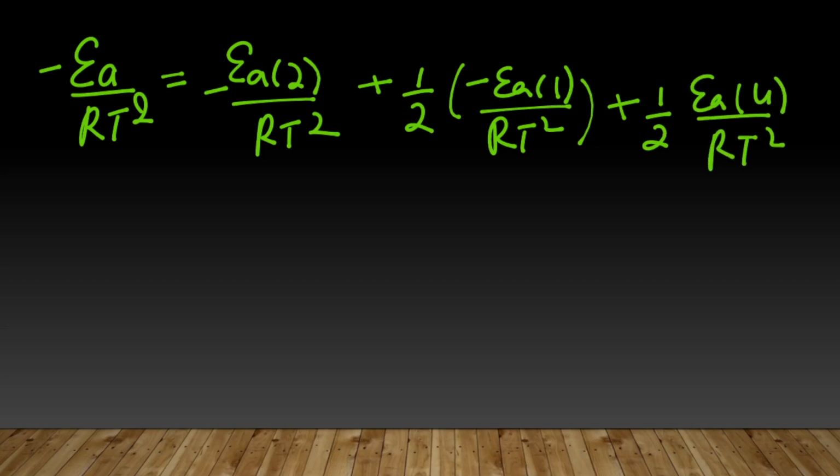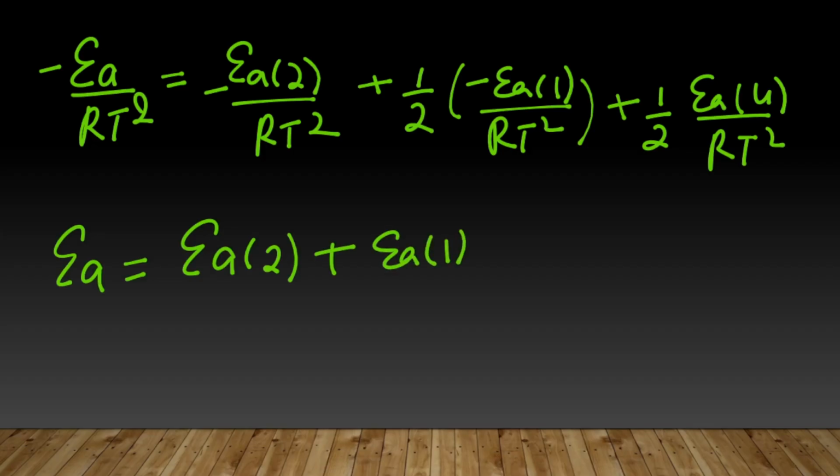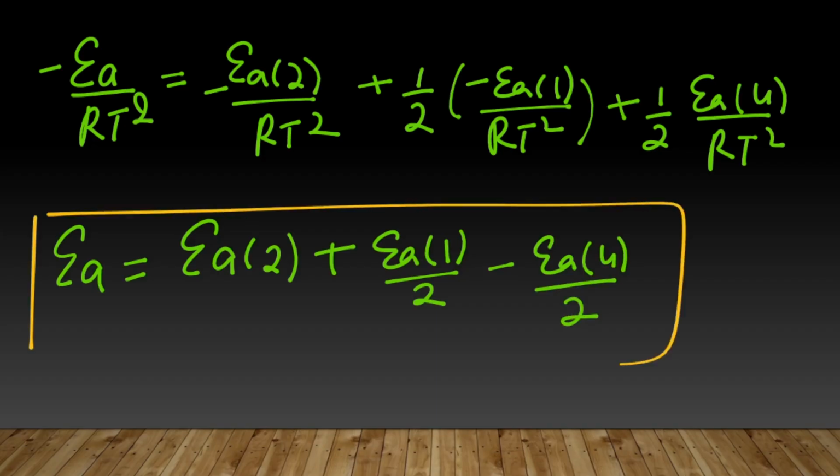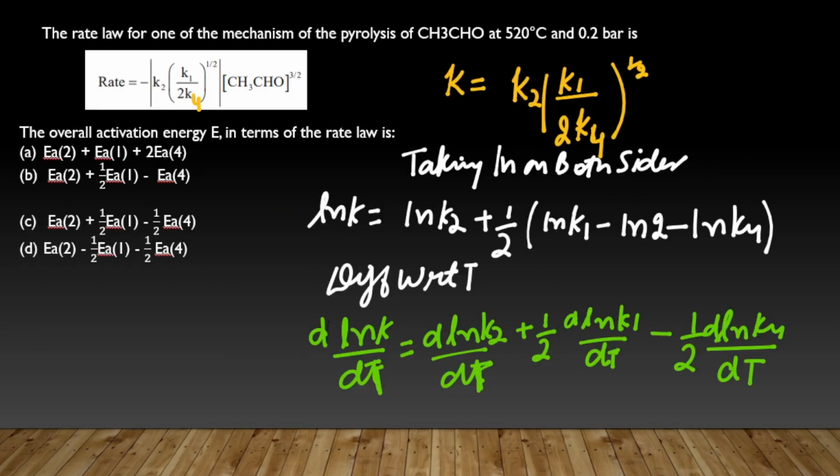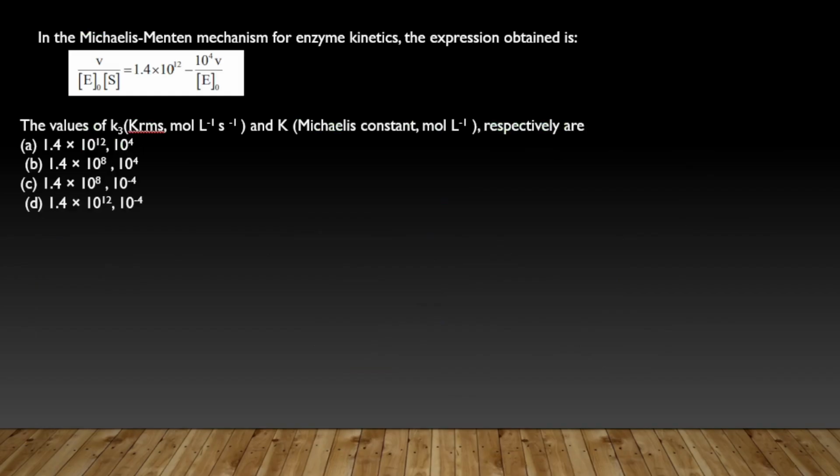Right, taking the negative from all sides and the denominator RT square, you can cancel it out. So the overall activation energy we will be getting is Ea2 plus Ea1 upon 2 minus Ea4 upon 2, because the negative you have taken out. So this is the overall activation energy that we will be obtaining. So Ea2 plus Ea1 by 2 minus Ea4 by 2 is in option C. Alright.